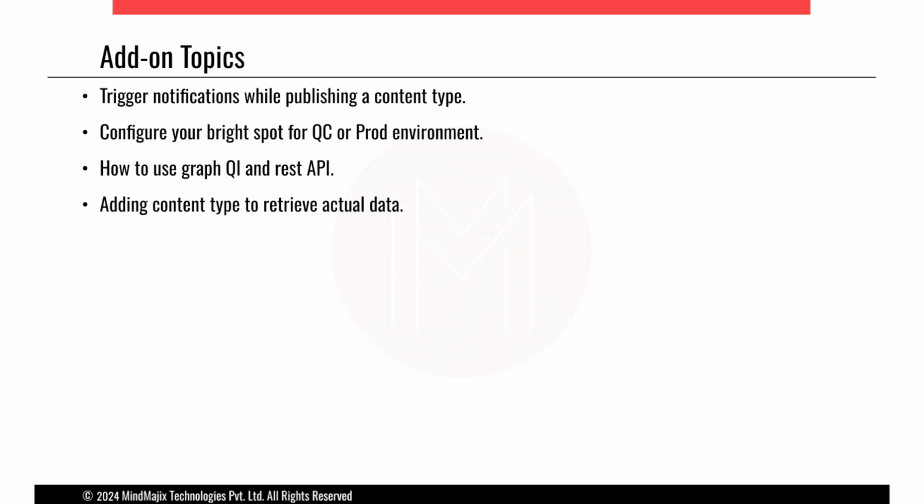After doing that, you have a lot of content. Using that content, you need some kind of API, which you will get from Brightspot. Basically, Brightspot provides us GraphQL APIs.